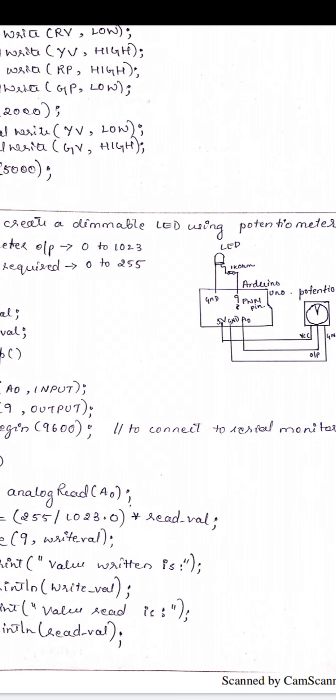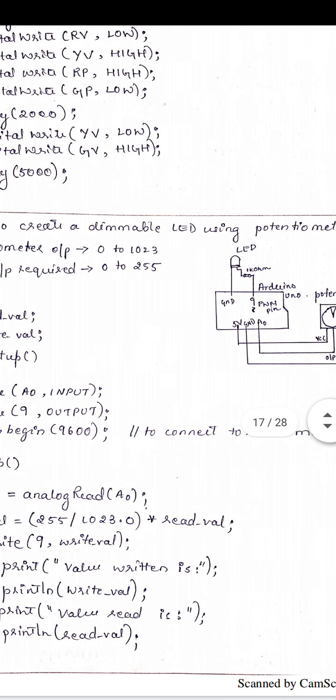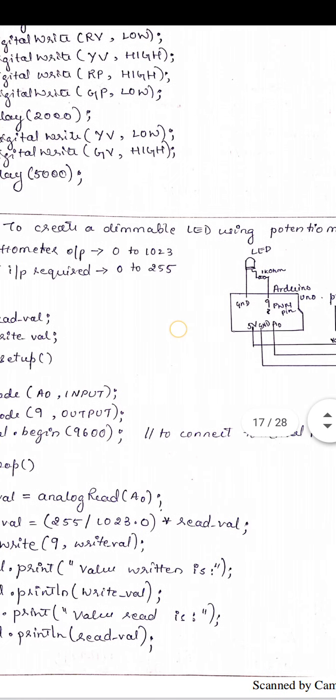A0 to A5 all read values from 0 to 1023. Now whenever you're writing to a pulse width modulating pin, the range there is 0 to 255. So we will need to make a slight conversion. Whatever value we are reading, we cannot directly write it to our pulse width modulating pin. We need to convert from 1023 to 255 and then write.